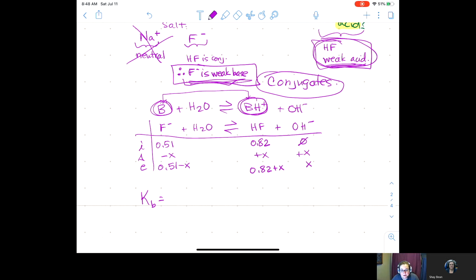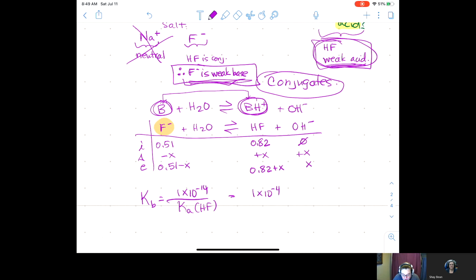So there are my equilibrium values that I will be plugging into the Kb expression because this is a weak base. So what is the numerical value of my Kb? You'll notice we don't have a Kb. Our base, recall, is the fluoride ion. We don't have a Kb for it. Don't go Googling it because we need the ones from our tables, and we get it by taking 1 times 10 to the minus 14 all over the Ka for HF.